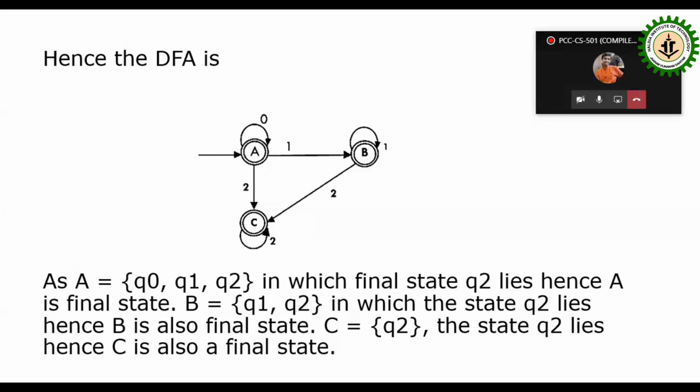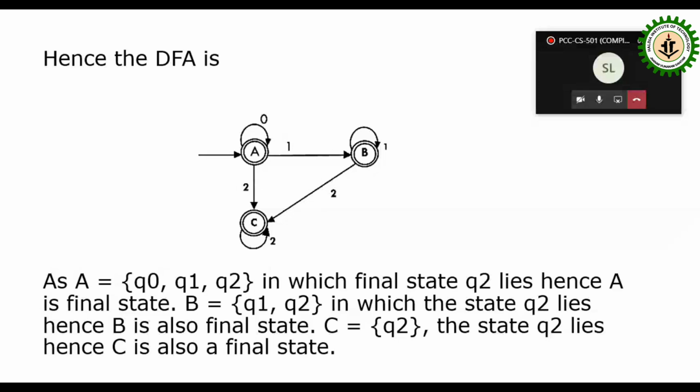Why are they all final states? Any idea? All of them contain Q2. Under A there is Q2, under B there is also Q2, under C there is also Q2.